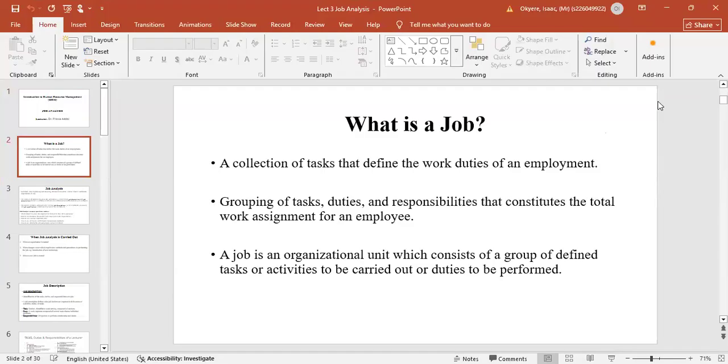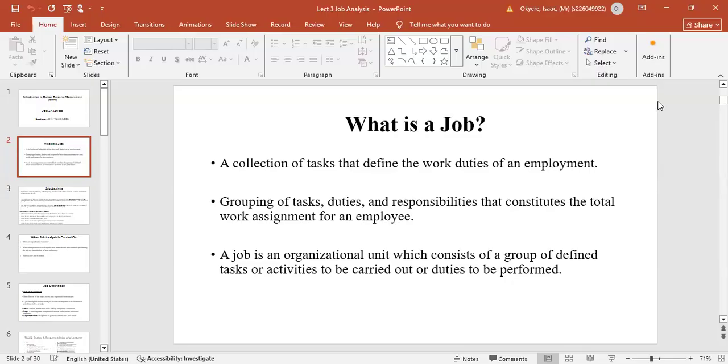Okay, so what is job analysis? When we hear job analysis, it's the procedure for studying jobs. Job analysis is defined as the procedure, the method of studying jobs. Job analysis can also be classified as the gathering of tasks that define the job that we do.